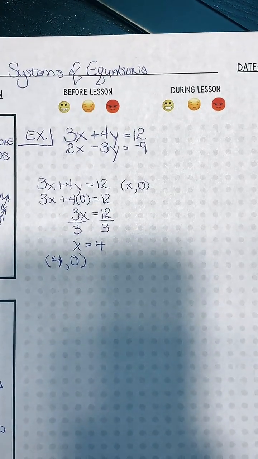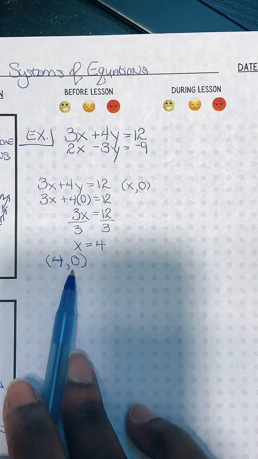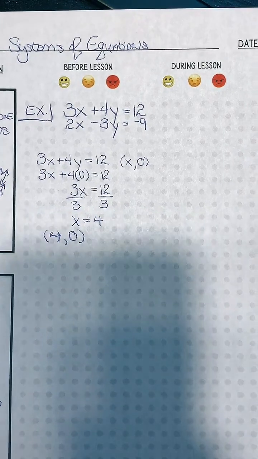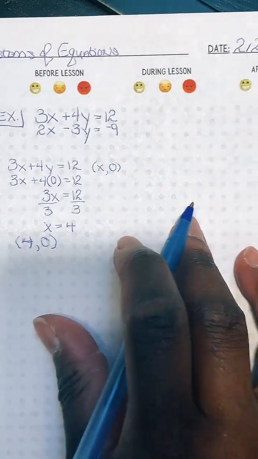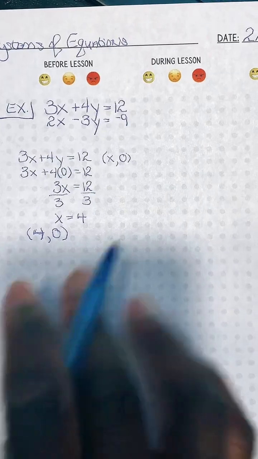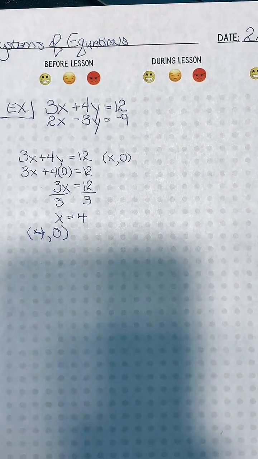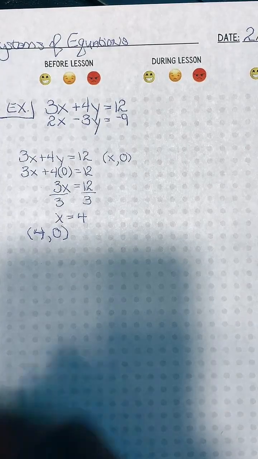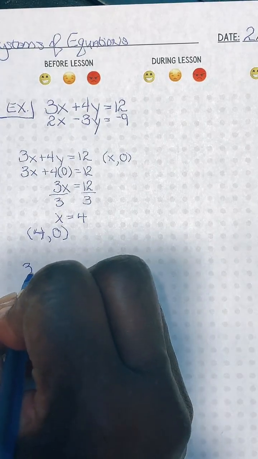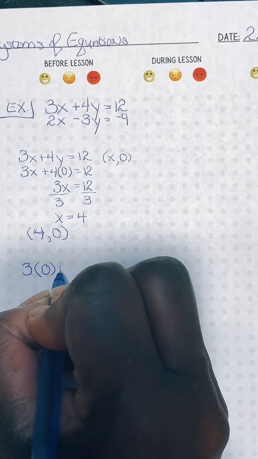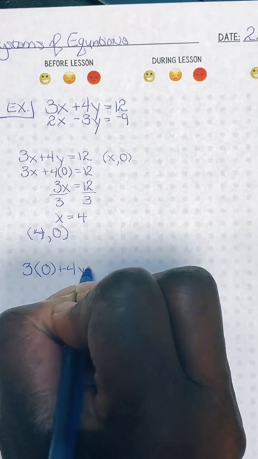Okay, and we can use that point for our graph. If I want to find the y-intercept, I'm going to go right underneath. I'm just going to save this whole page for this. So if I go with the same equation, but I want the y-intercept, that means my x value is going to be 0.